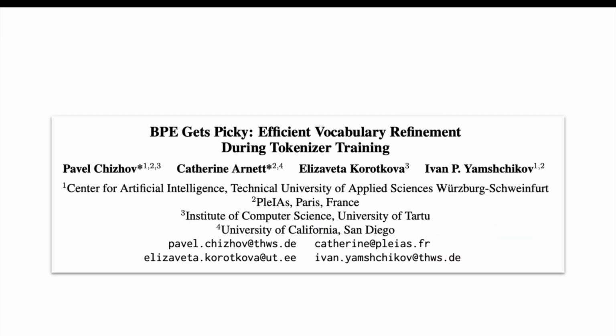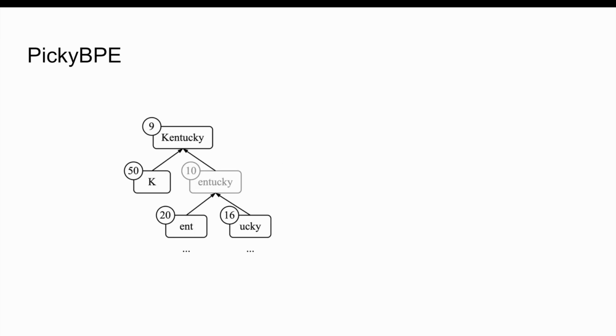So this was the inspiration for this paper, BPE Gets Picky, which we presented at EMNLP last year. We were wondering, what can we do? Can we prune the vocabulary, prune out these unnecessary tokens that are not seen very much during training, without encountering this problem of getting in the way of the merges? So this is the main example we have in the paper.